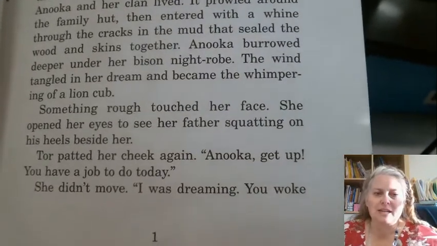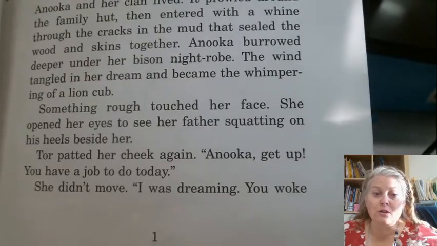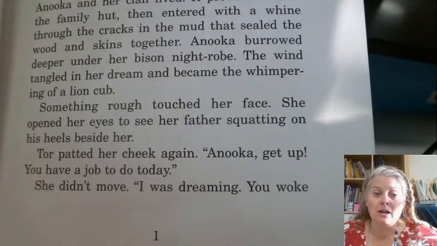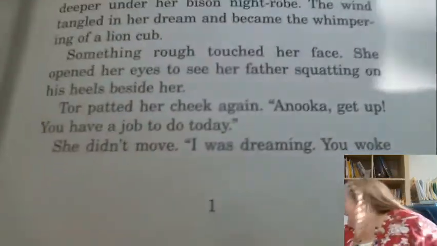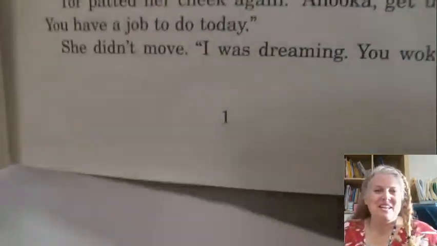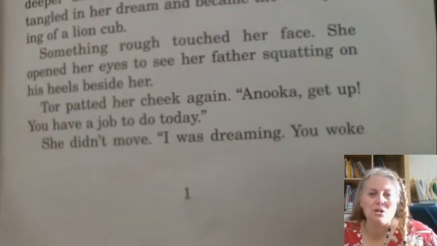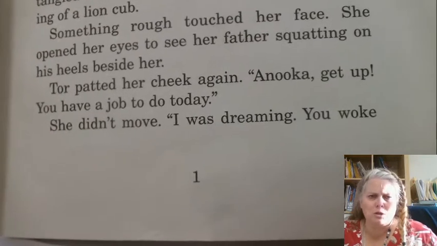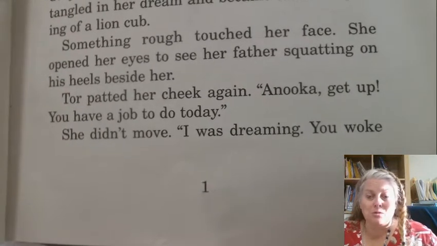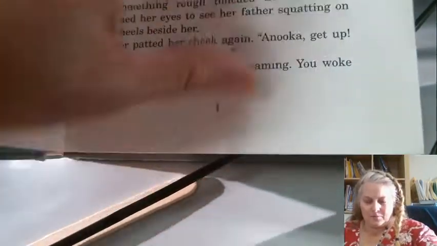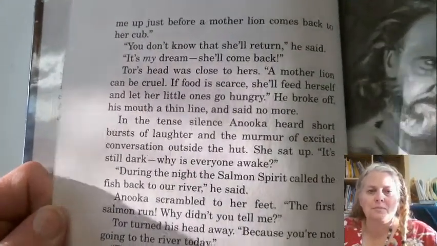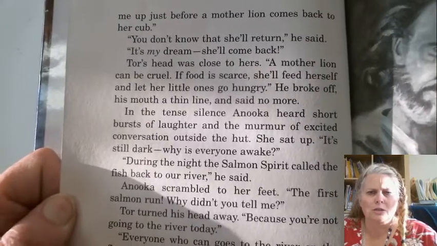Something rough touched her face. She opened her eyes to see her father squatting on his heels beside her. Tor patted her cheek again. Annoka, get up! You have a job to do today. She didn't move. I was dreaming. You woke me up just before a mother lion comes back to her cub. You don't know that she'll return, he said.